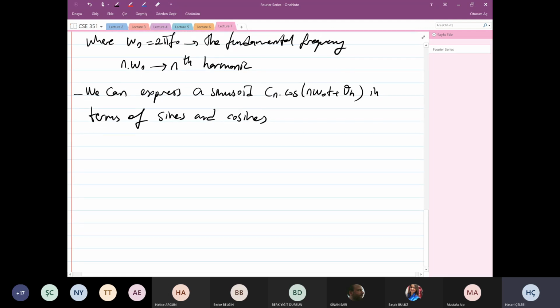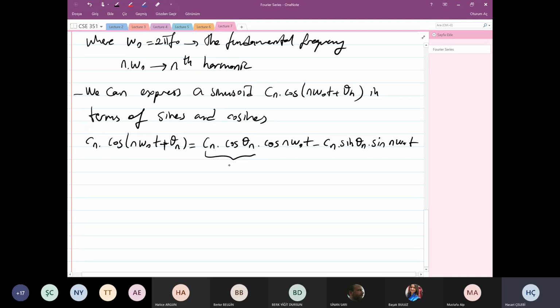How do we do that? Cn times cosine of n omega 0 t plus theta n, if you expand this, is equal to Cn times cosine theta n times cosine n omega 0 t minus Cn times sine theta n times sine n omega 0 t, right?